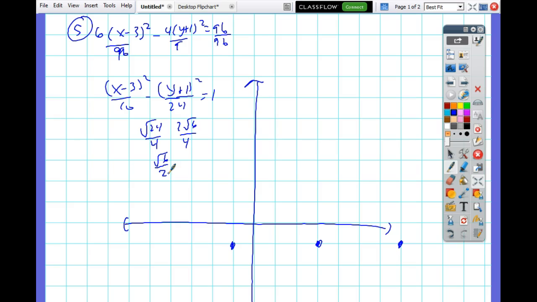What's root 6 about? It's halfway between 4 and 9, right? So it's going to be 2.5-ish, 2.4, all right. So I got 2.4 over 2. So I got a rise of 2.4 and a run of 2. And so there's my nice straight line that I drew.